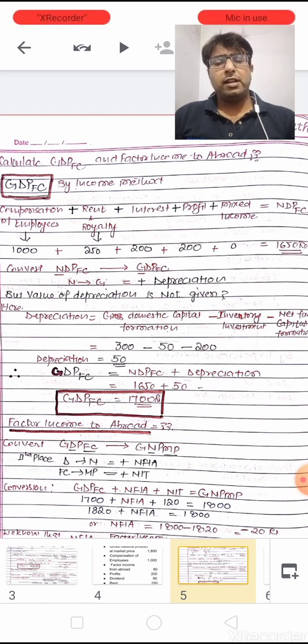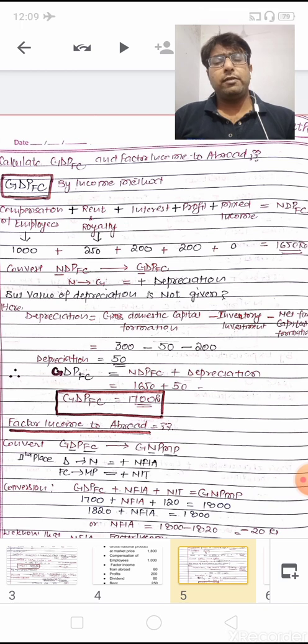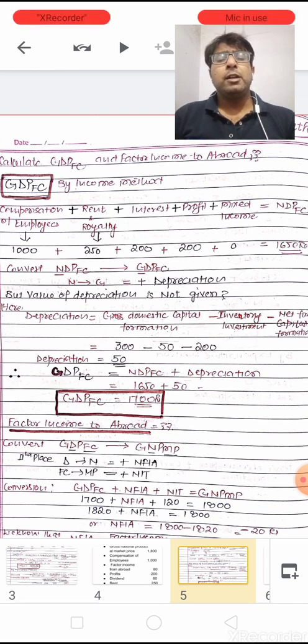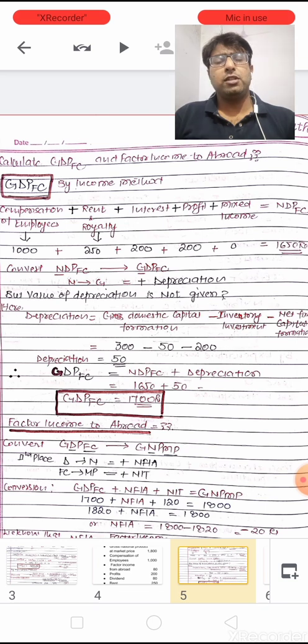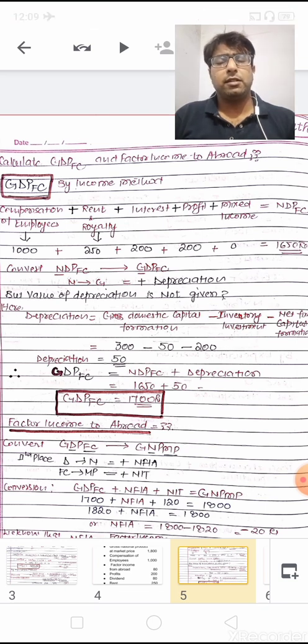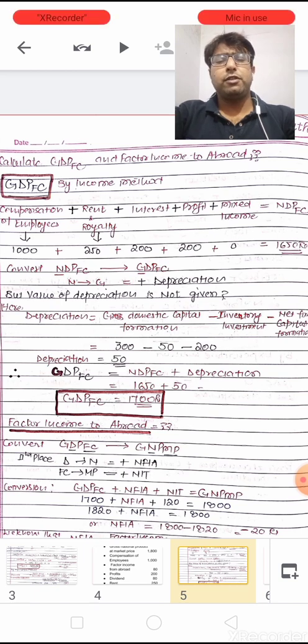So again, I am explaining why we are finding GDP FC by the income method: because the values of various components of the income method are given in this question, that is why we are applying this formula.